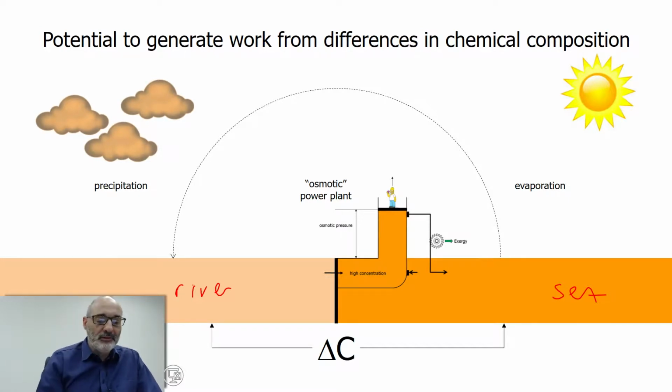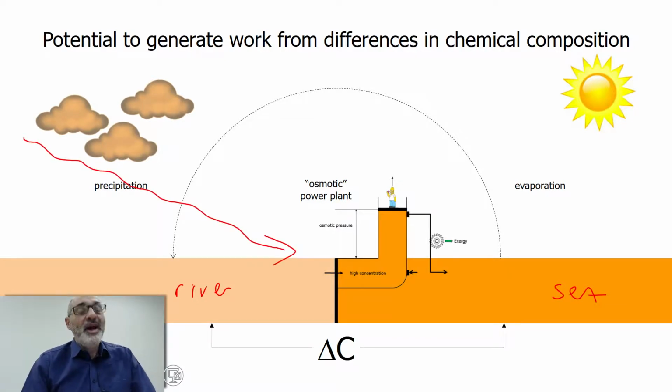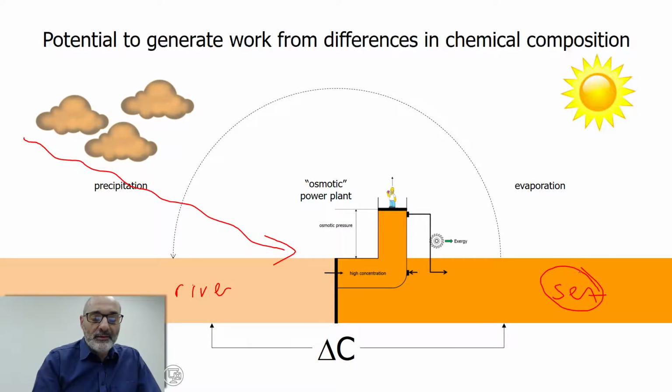The picture here is not very accurate because the river is on the continent, so it's on higher ground. What pumps water from the sea to the top of these mountains and hills? Actually, it is the solar energy through evaporation.